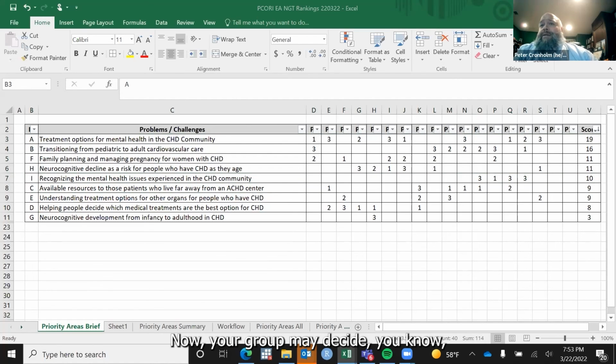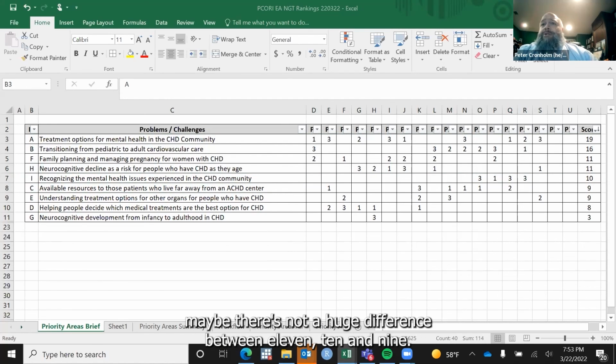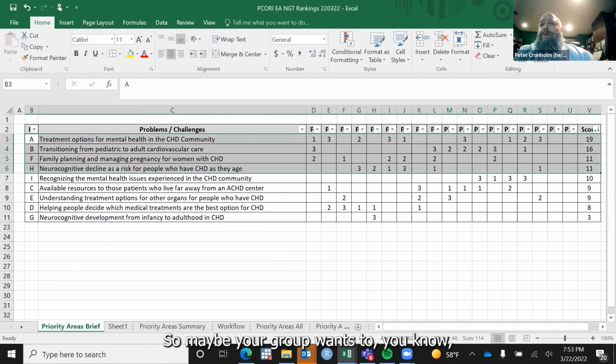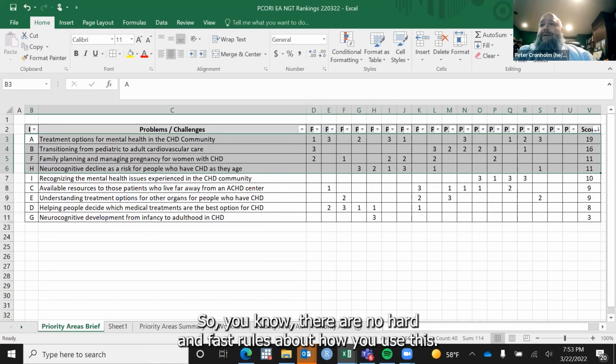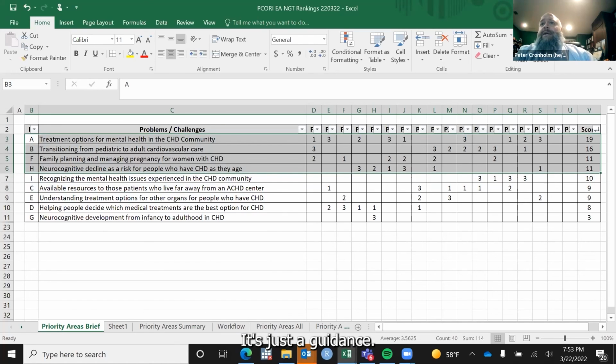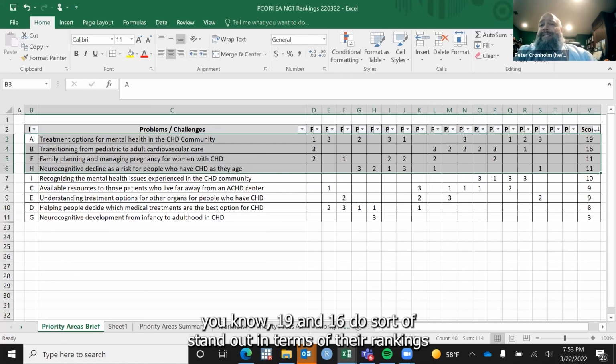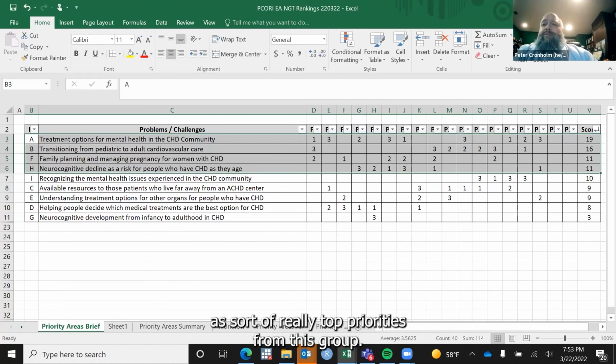Your group may decide there's not a huge difference between 11, 10, and 9, so maybe you don't want to lose the fact that I, C, E, and D were all pretty close. There are no hard and fast rules about how you use this; it's just guidance. But I would say that 19 and 16 do stand out in their rankings as really top priorities from this group.